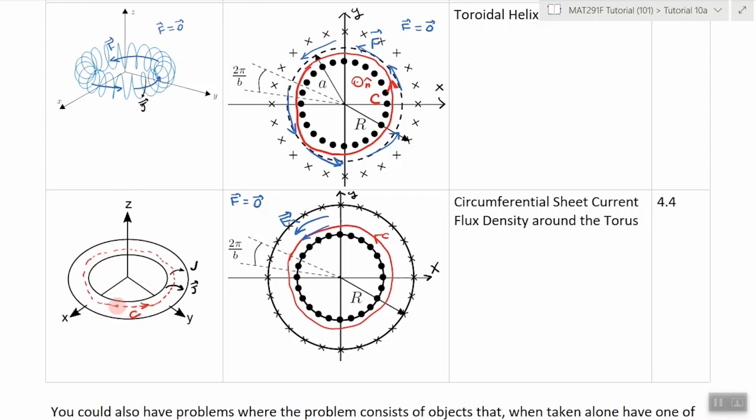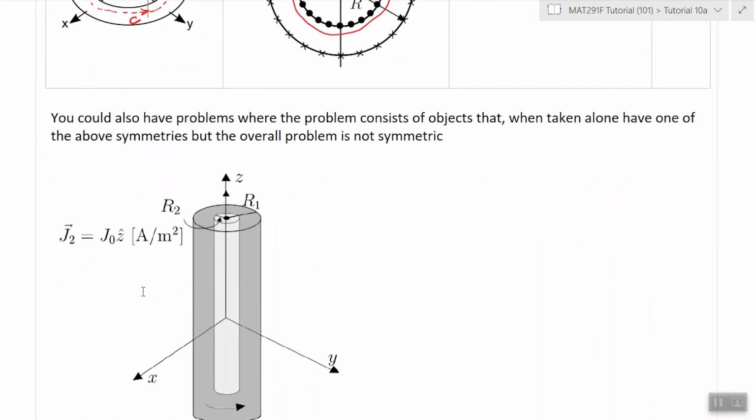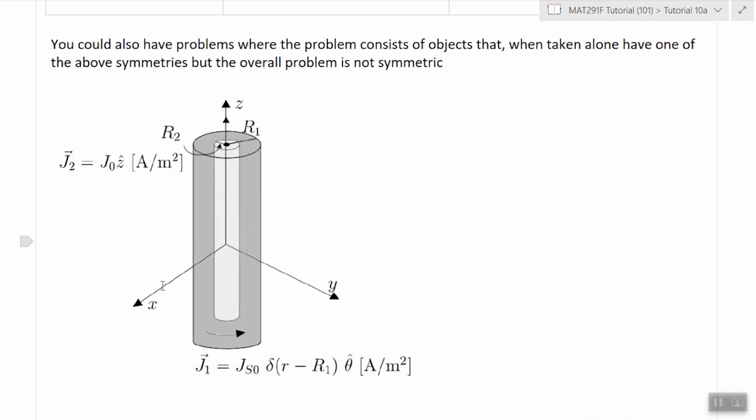You could also have a situation where your problem is not symmetric, but it's made up of symmetric objects. For example, this problem, one of the objects you have has this kind of current density, so it's axial current density.